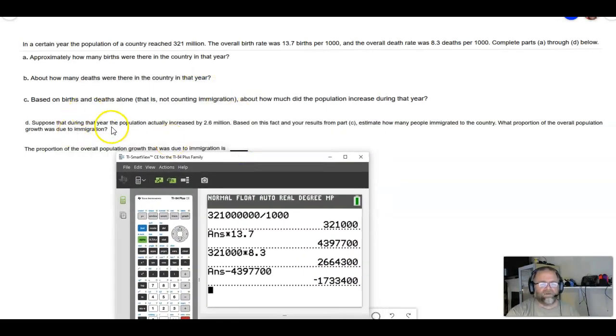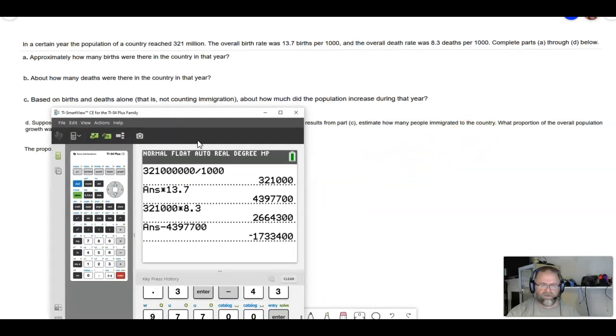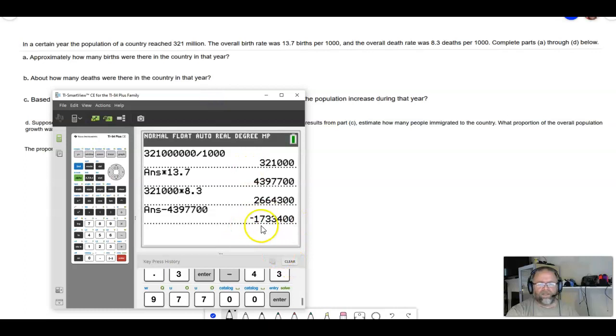Now it says, suppose that during that year the population actually increased by 2.6 million. So instead of the 1.7 million, it actually went up by 2.6 million. Based on this fact and your results from Part C, estimate how many people immigrated to the country. So if the only new people that we got during that year were from births and from immigration, then we could just take the difference.